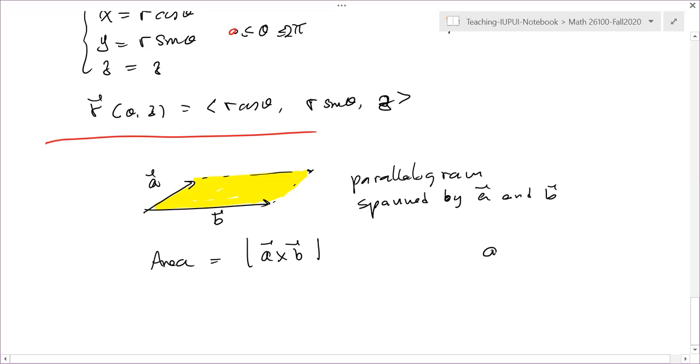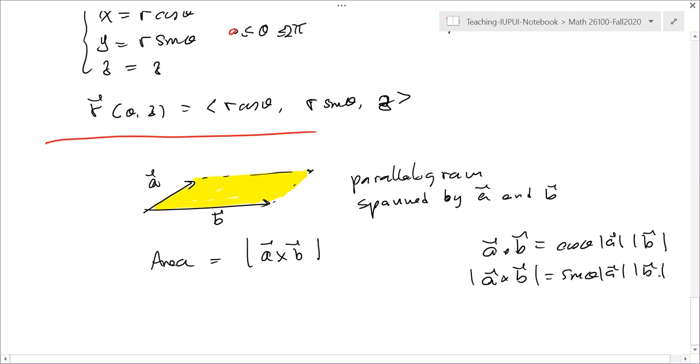Recall that A dot B is cosine theta times the length of A times the length of B. But A cross B, this is a vector, the above one is a number, is going to be sine theta times the length of A and the length of B. And sine theta, this is a theta, sine theta is just the height of this parallelogram. So that's why the height times the length gives you the area of the parallelogram. Okay.